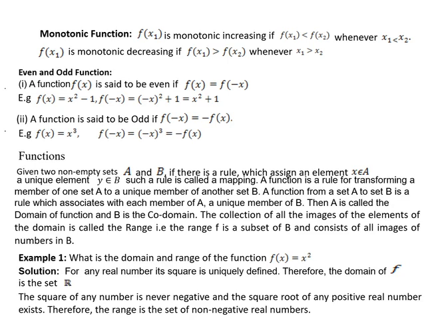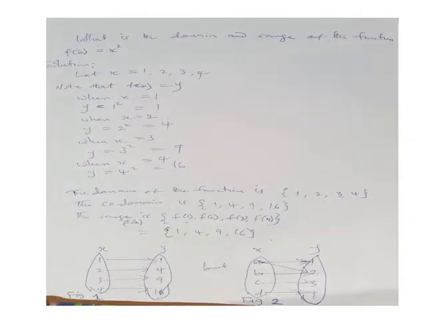So let's move to the next slide and see the practical aspect of what we are saying. Look at the solution here, where we have the function of s equal to s squared. We want to get the domain and the range from this function. So we have the values of s as 1, 2, 3, and 4. When s is 1, we get y as 1.